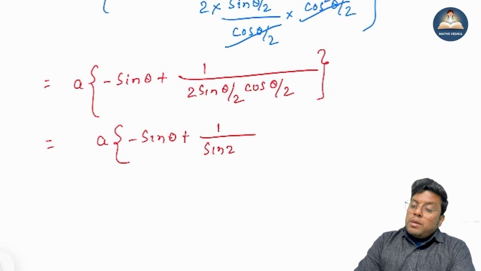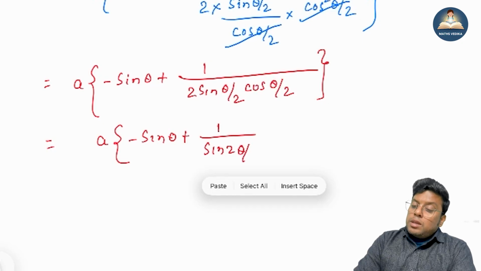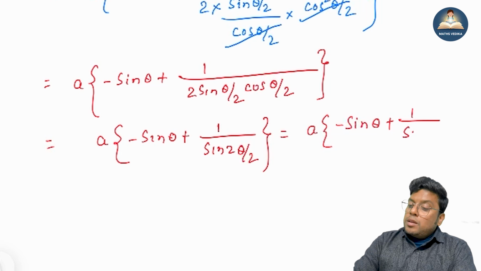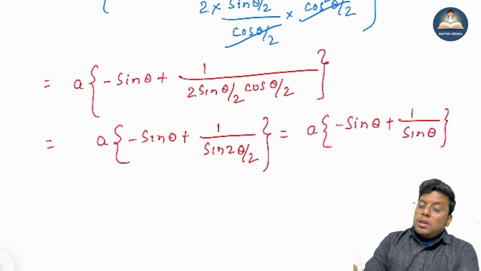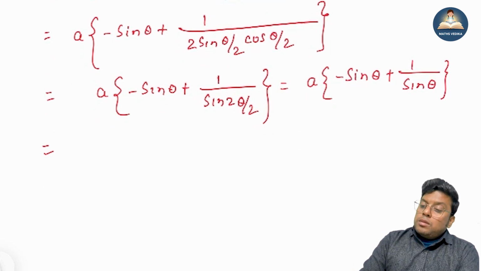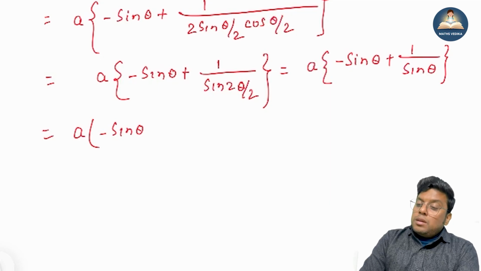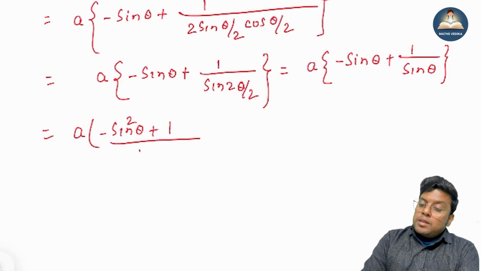By applying the formula of sin 2a, sin theta by 2 into cos theta by 2 is sin theta by 2, which is equal to a into minus sin theta plus 1 by sin theta, okay, which is equal to a into minus sin square theta plus 1 by sin theta, okay.